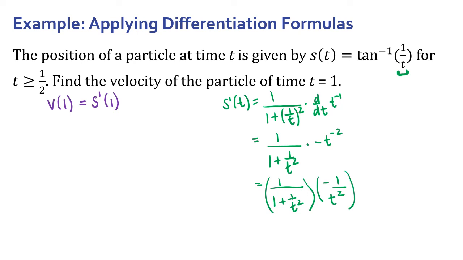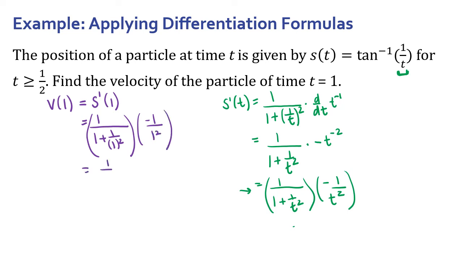Now you can keep on going to simplify this further, but we don't need to actually do that because it's not asking for the derivative formula, it's asking for us to find the derivative at a specific time, at time equals 1. And at this point we can actually substitute in 1 and get our answer. So that's going to be 1 over 1 plus (1 over 1) squared times -1 over 1 squared.